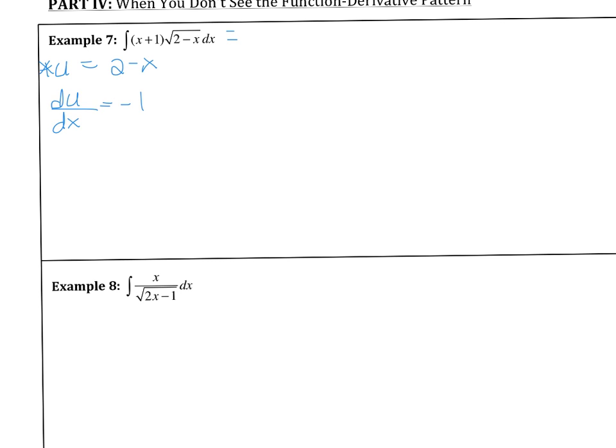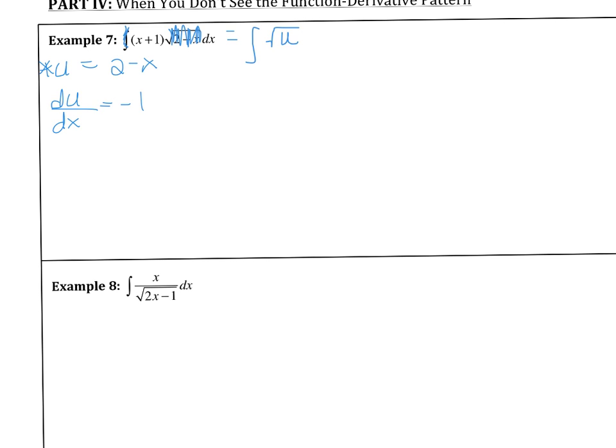Let's get our integral in there. And then the x plus 1, I don't know about that. We're going to come back to it. But for now, I can replace root 2 minus x and instead write just root u. Cool. Now dx: what is dx equal to in terms of u?